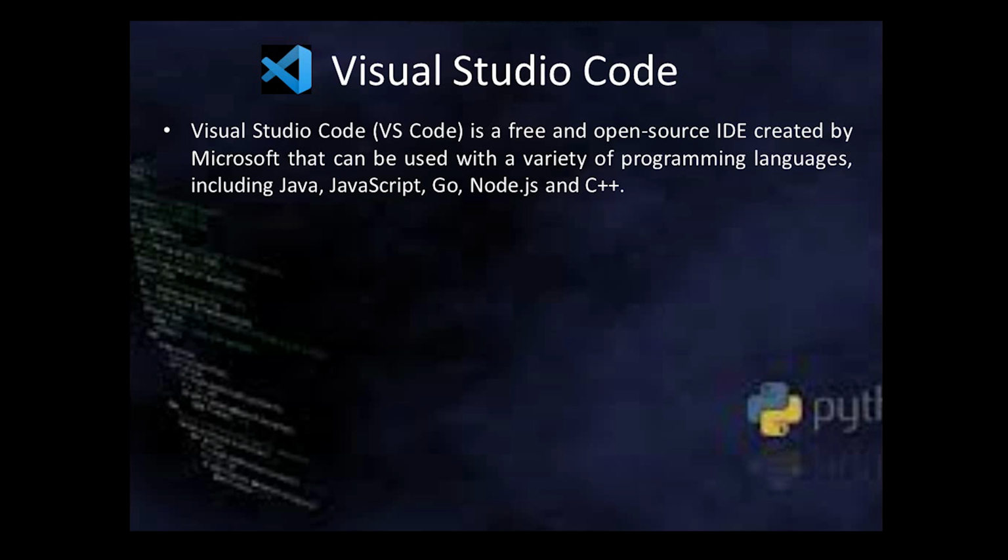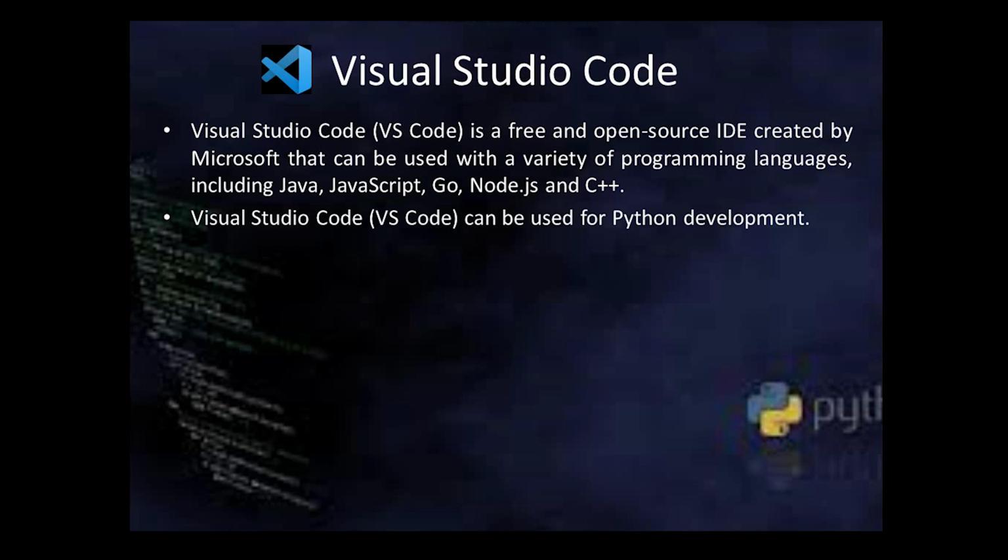Created by Microsoft, it can be used with a variety of programming languages, including Java, JavaScript, Go, Node.js, and C++. Visual Studio Code can be used for Python development as well. But by default, it's not meant for Python.